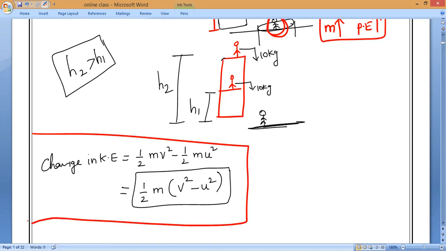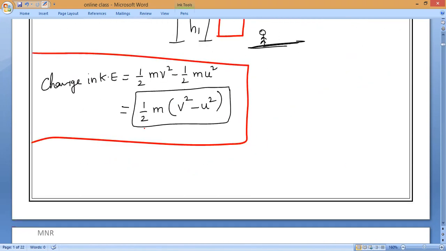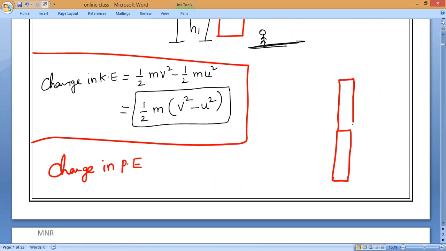Now let us come to the same way, change in potential energy, if you have noticed it. Observe very carefully. How to find the change in potential energy? They will ask you. So let me take again one building which has two different floors. Let me take this height as H1 and this height as H2.